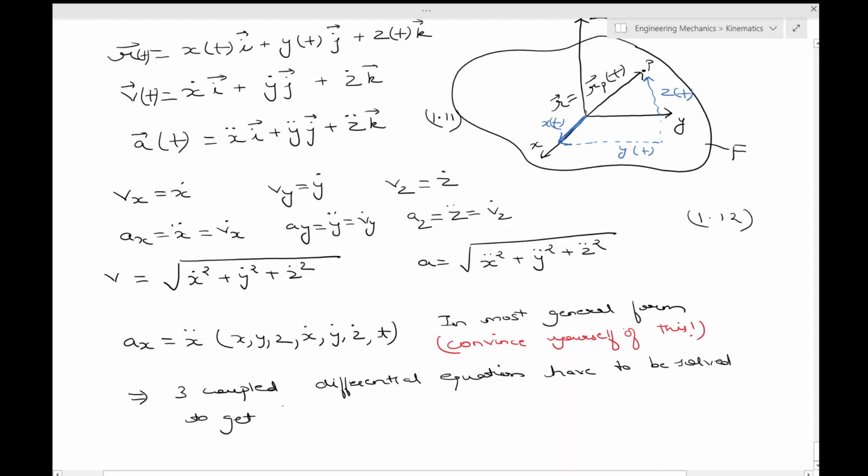To get x of t, y of t, and z of t if a is given.